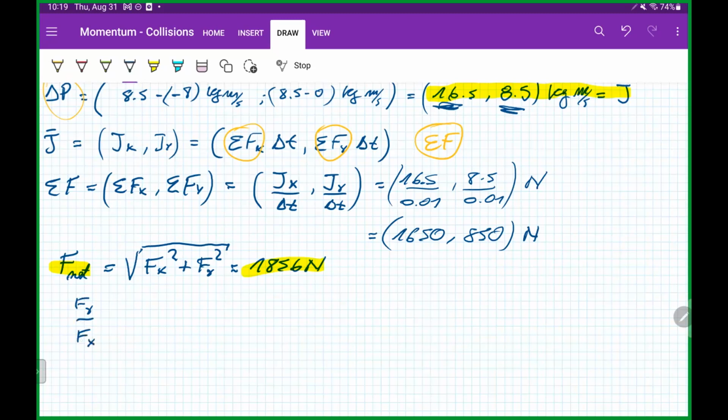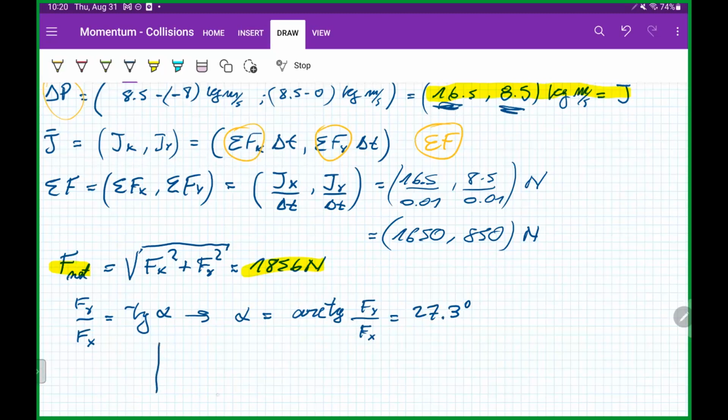Just bear in mind that I just ditched the sums, those sums, in order to be less messy with the writing. So that's the tangent of the angle. Let's call it alpha. And so alpha is the arctangent of Fy over Fx. And that's 27.3 degrees.